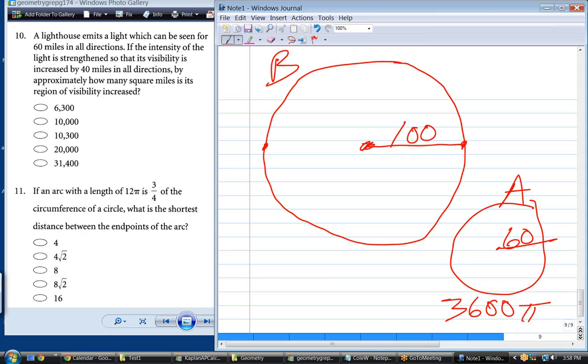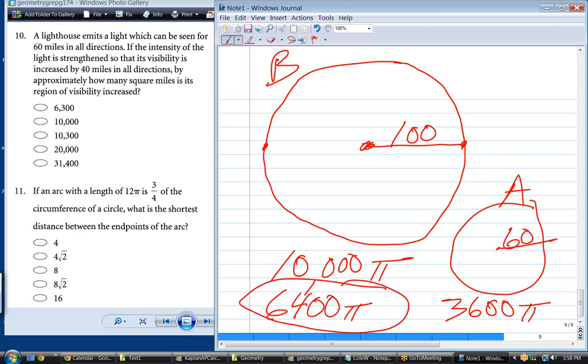That's the area of the smaller circle. What's the area of the larger circle? 10,000 pi. What's the difference? 6,400 pi.